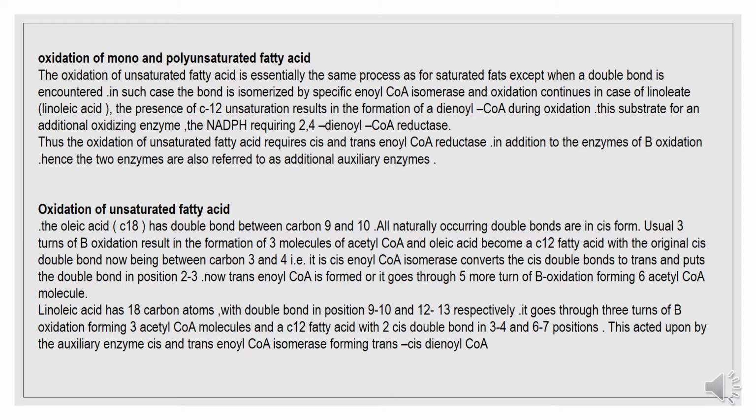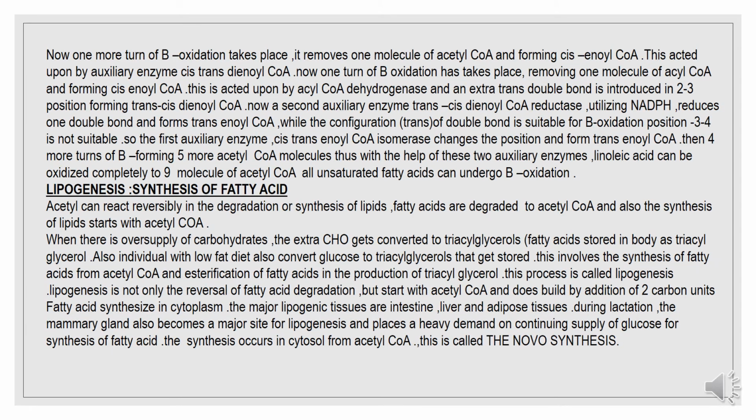Linoleic acid has 18 carbon atoms with double bonds in the positions 9 and 10 and 12 and 13. It goes through 3 turns of beta oxidation forming 3 acetyl CoA molecules and a C12 fatty acid with 2 cis double bonds in the 3,4 and 6,7 positions. This is acted upon by the auxiliary enzyme cis and trans enoyl CoA isomerase and it forms trans cis dienoyl CoA. Now one more turn of beta oxidation takes place.